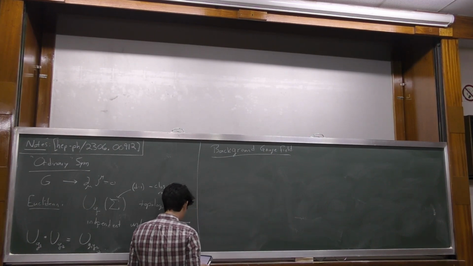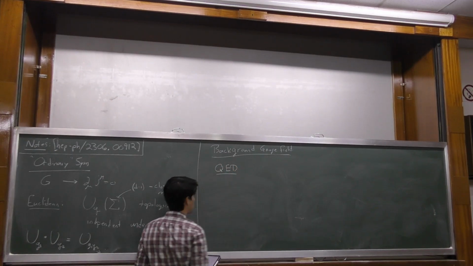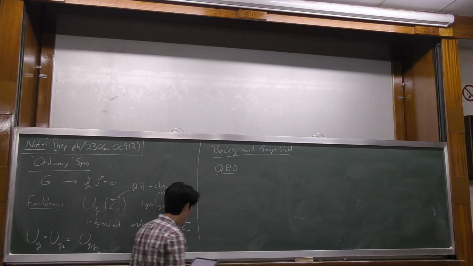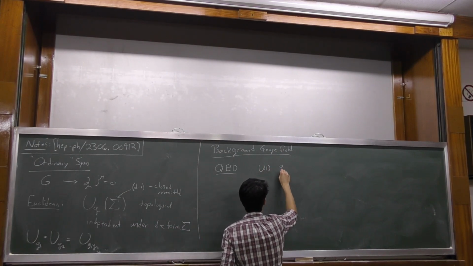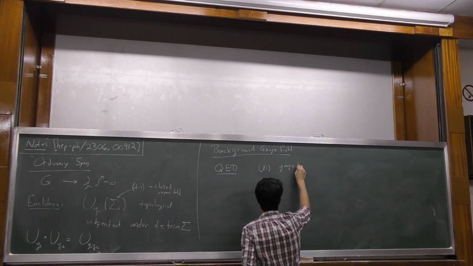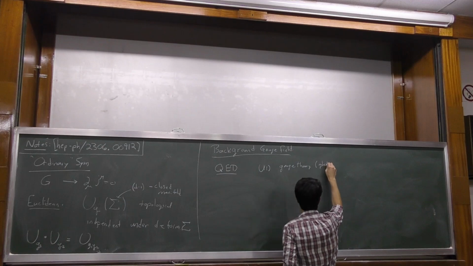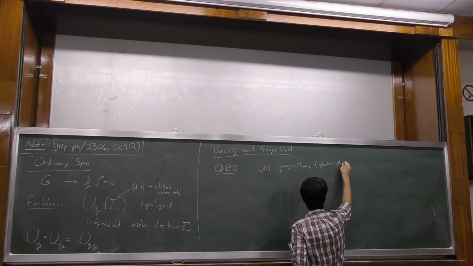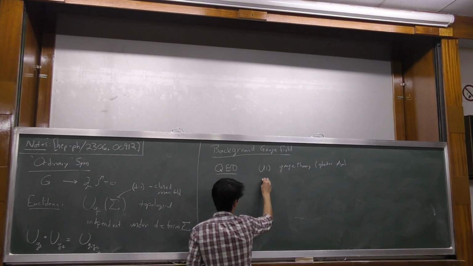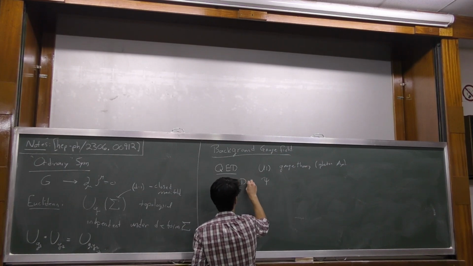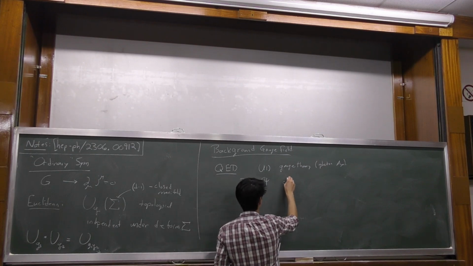What I mean by this is, for example, let's take QED. This is a U(1) gauge theory. In other words, there's a photon we write as a vector field A_mu, and there's a Dirac fermion that has charge 1.